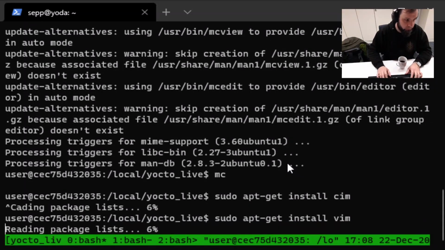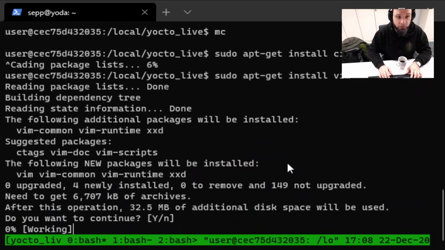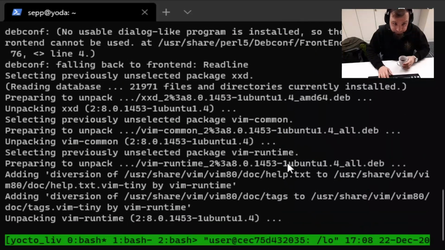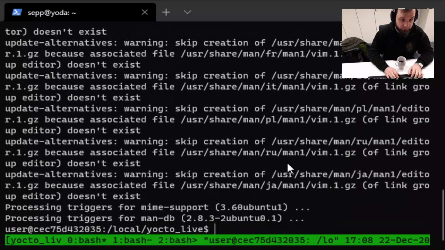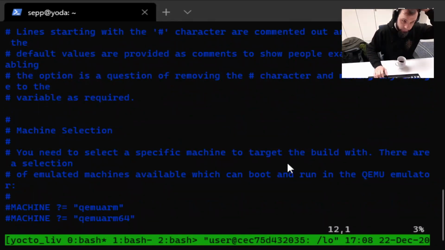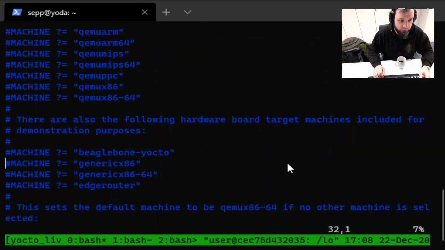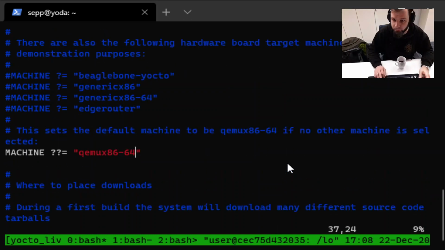We want win. Build conf local.conf. Okay. Did I mess up the fonts again? Probably. Okay.